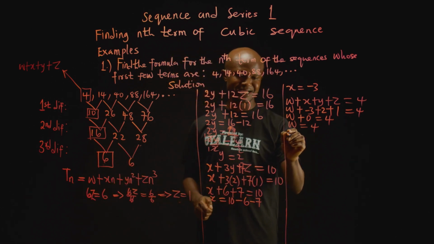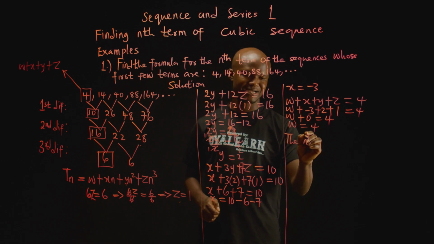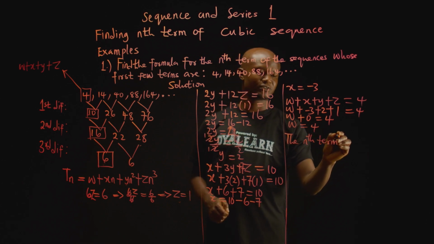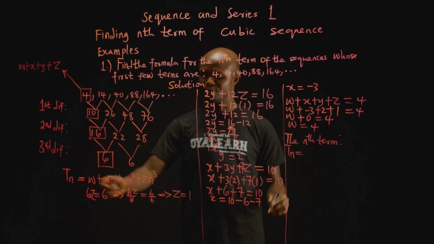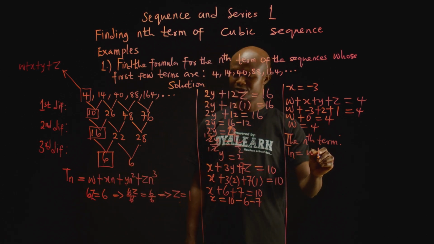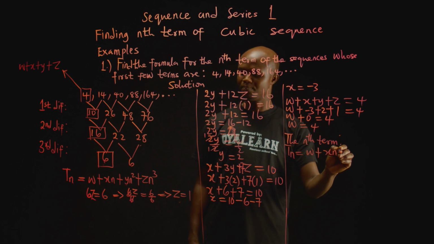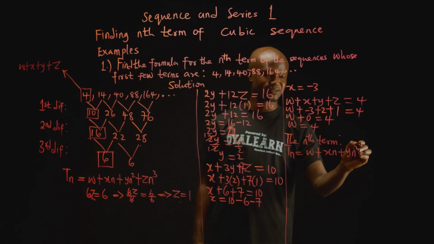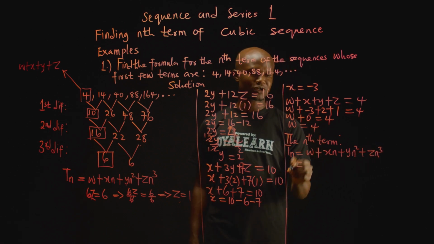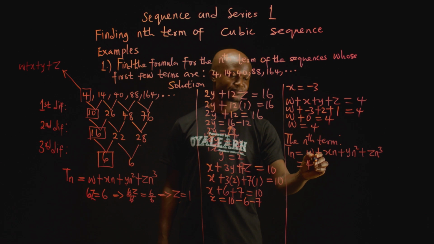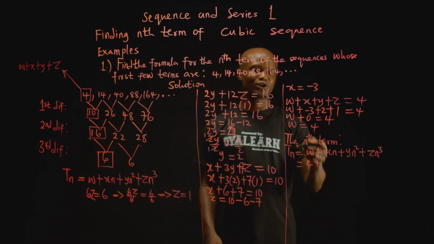Now we can write our nth term. Tn equals what? We go back to the formula: w plus xn plus yn squared plus zn cubed. What is w? We put 4. And what's the value of x?